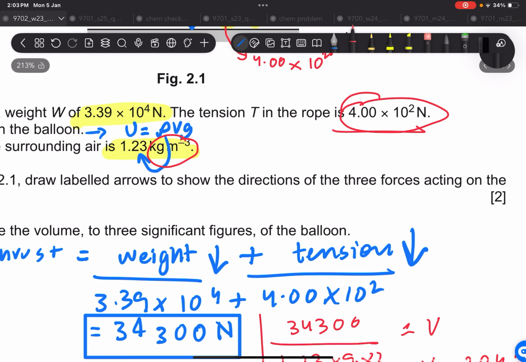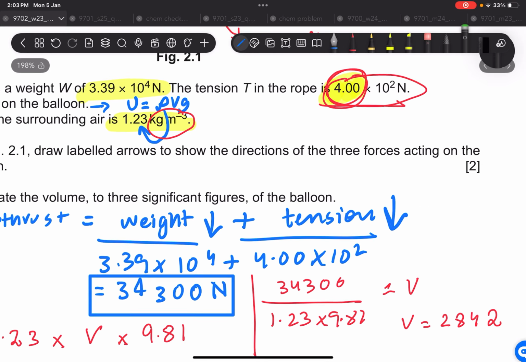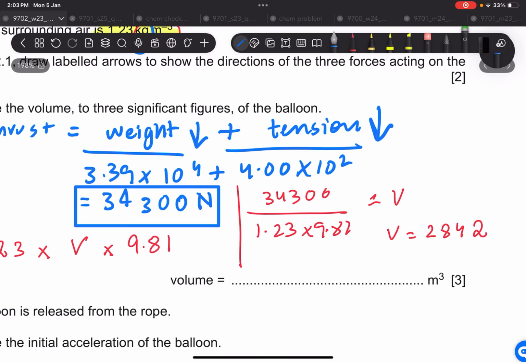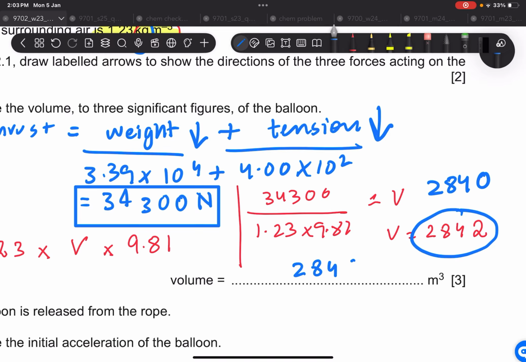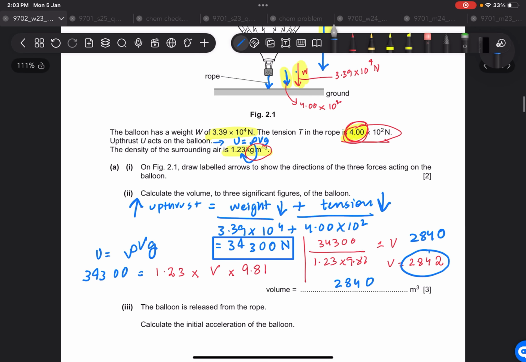Look, 4.00 is three significant figures, 1 2 3. My answer needs to be in three significant figures at least. So I'm going to round this to three significant figures, which is 2840 meter cubed. I hope you get what I tried to explain.